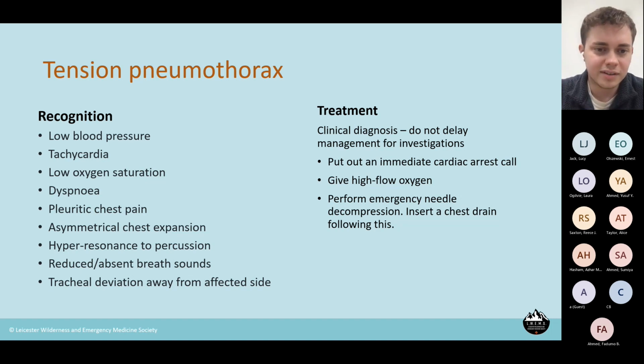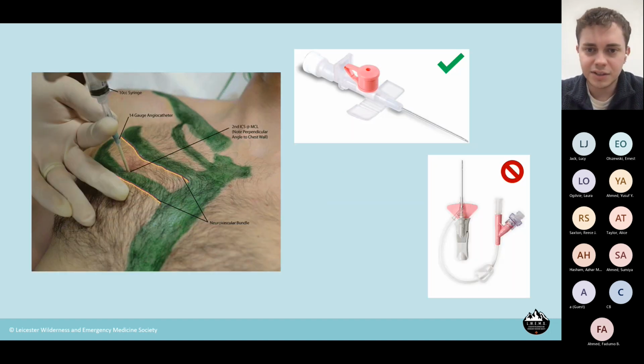So you give high flow oxygen and then you need to decompress the pneumothorax to release that pressure. You do that with a needle decompression. You can get specialist kits that have needles specifically designed for this, or you can use a wide bore cannula.